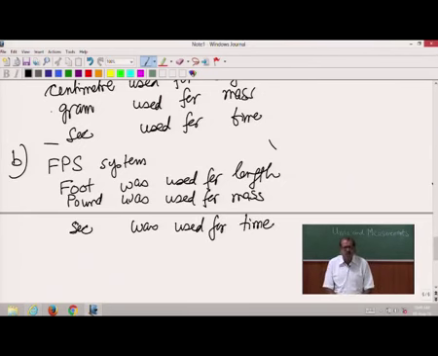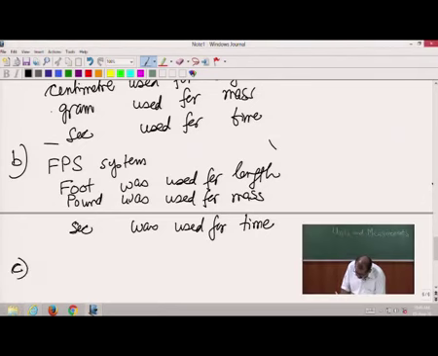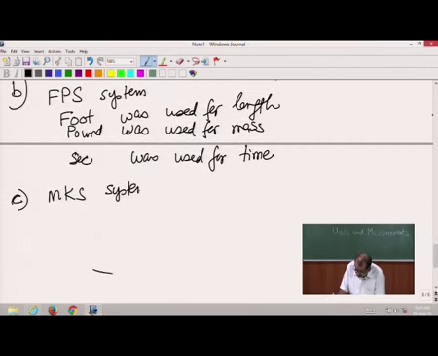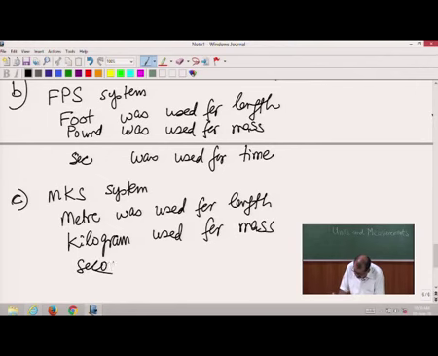The FPS system is also sometimes referred to as the British system of units. And the third system of units which was prevalent was the MKS system. In the MKS system, meter is used for length, kilogram is used for mass, and once again second is used for time.